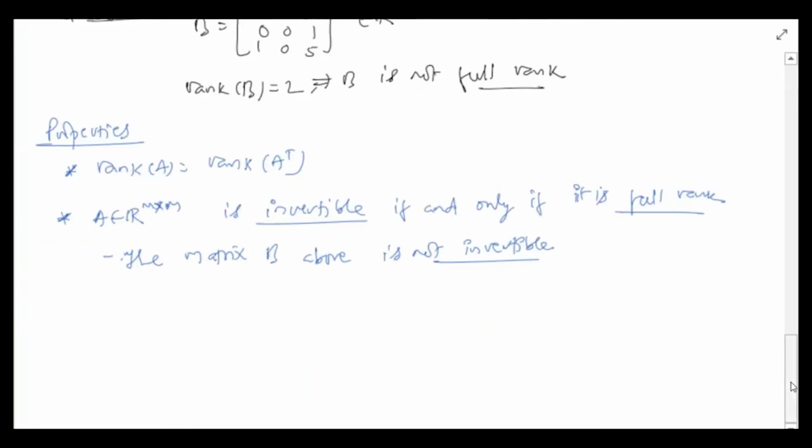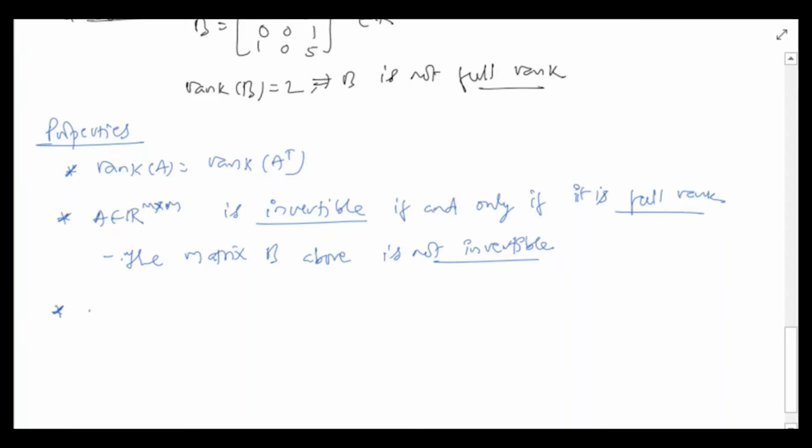Another important fact about rank is, if A is a square matrix that is full rank and AB is equal to A, then B has to be an identity matrix.